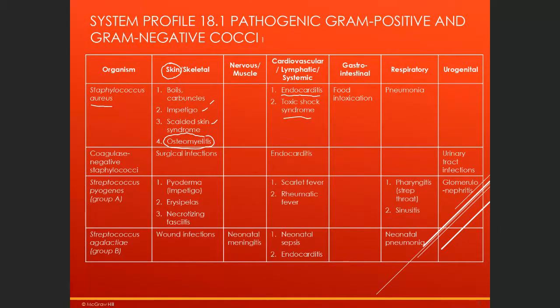It can also cause intoxication, especially if taken by food, and it might also cause pneumonia. Okay, so this is Staphylococcus aureus, which is the most pathogenic type of Staphylococcus.